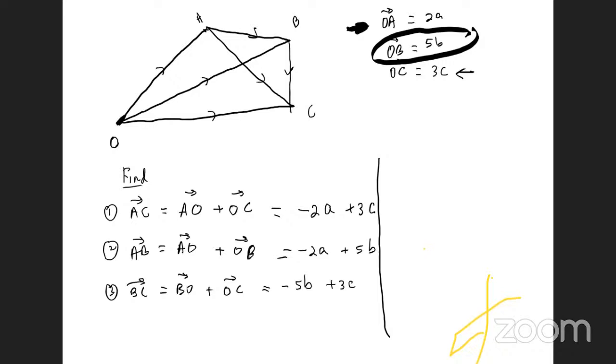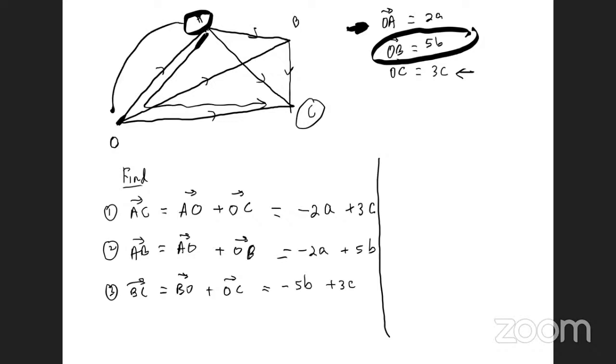Okay, all right, so all we're really doing is trying to find unknown vectors by looking for a triangle that could give you the alternate path. So for example, if you want to find AC, you're following this triangle here to find AC.